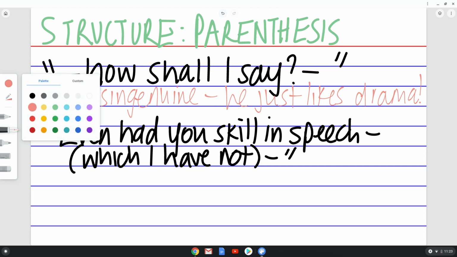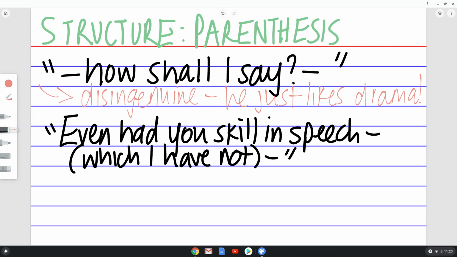And again, I've got my annotations, so I know he's faking being humble here. Why does that mean he's manipulative?